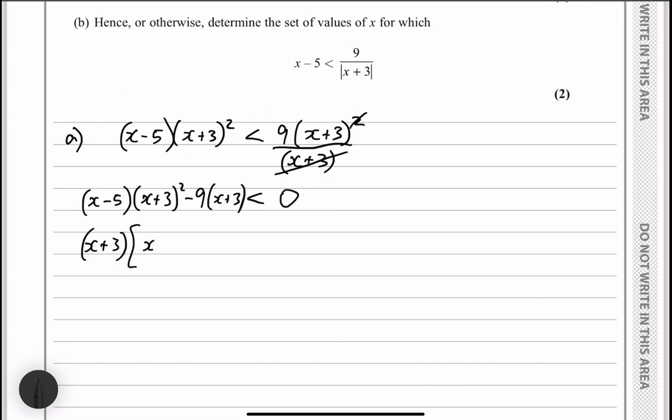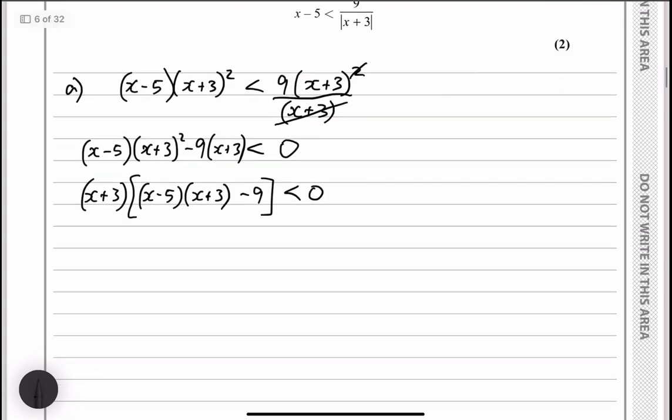So then we get x minus 5 times x plus 3 minus 9. Now I can expand this to give x squared minus 5 plus 3 is minus 2x minus 15 minus 9.